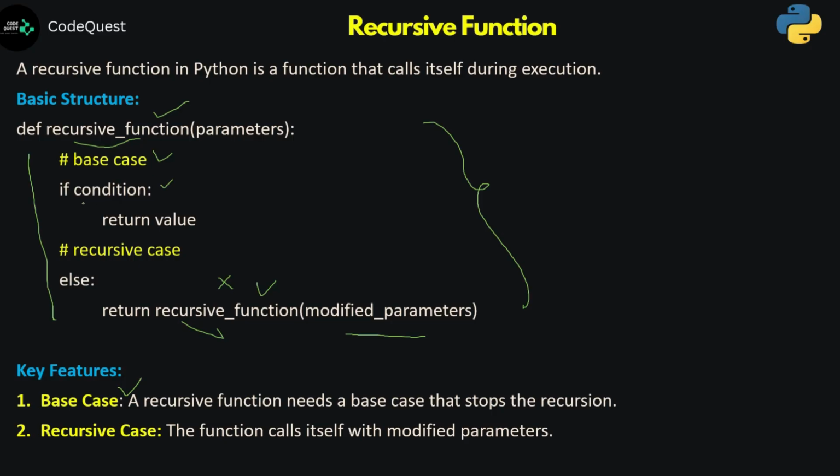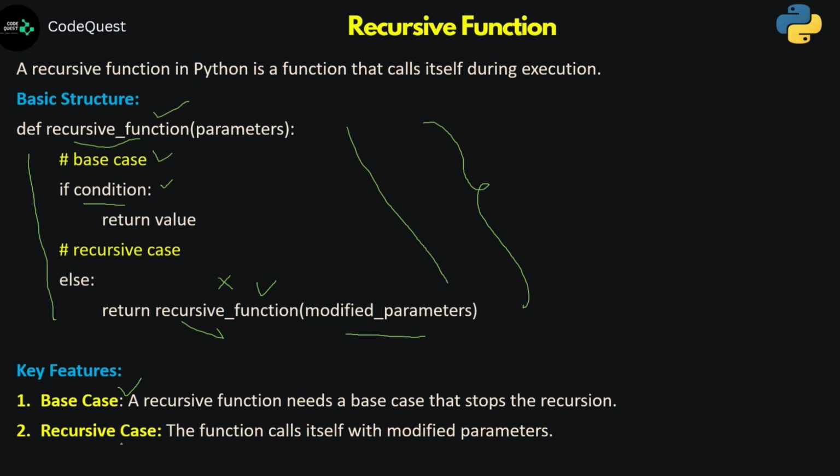So when this condition gets satisfied, the function call or the recursion is going to stop. Unless you write a base case inside the recursive function, your execution of the function may get into an infinite loop. It is never going to stop.